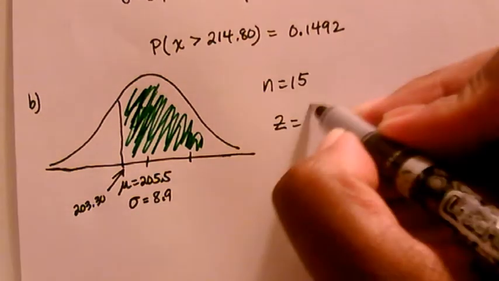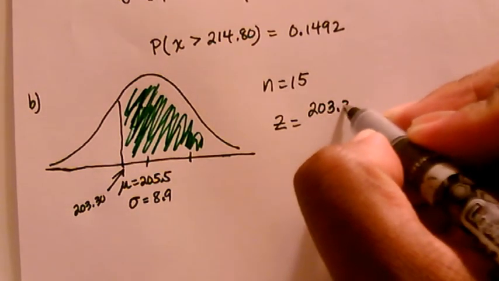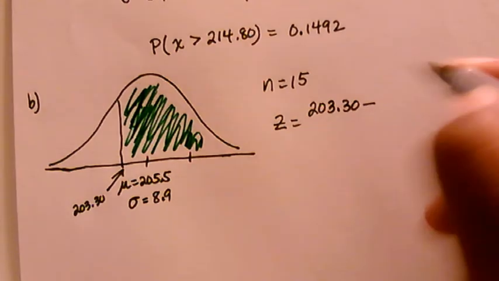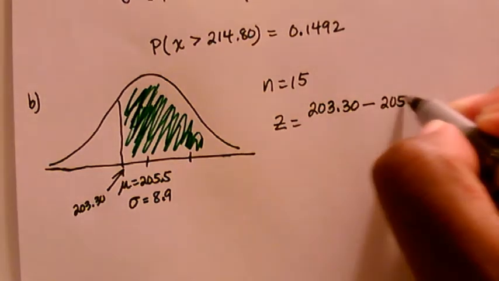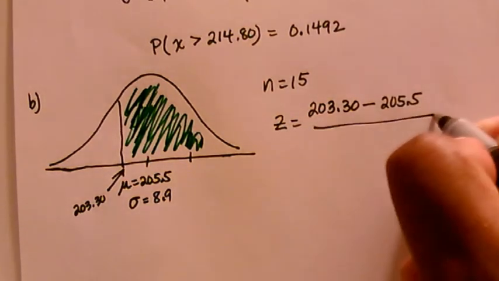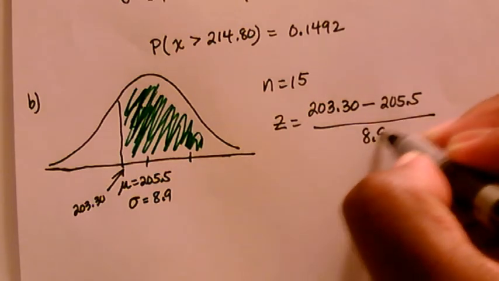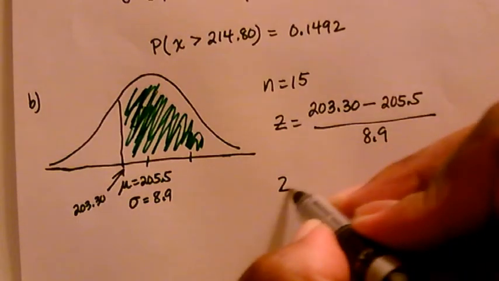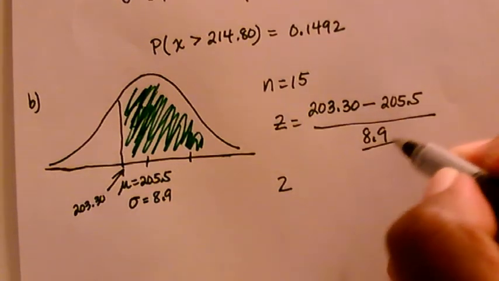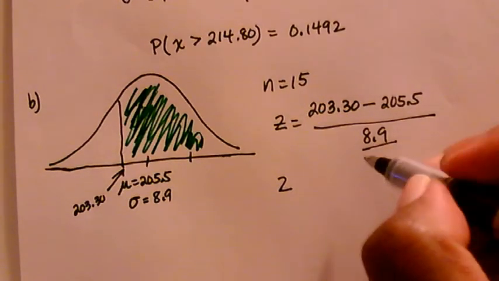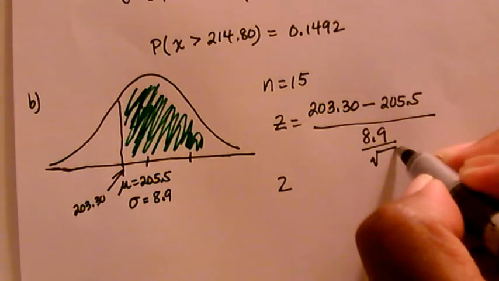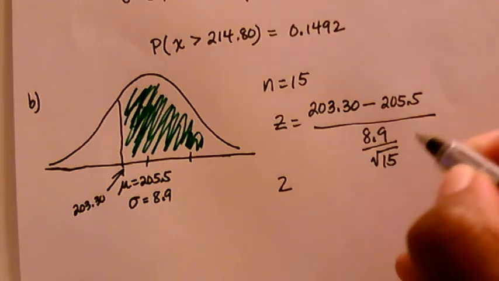This time, x bar is at 203.30 minus your mu, which is 205.5, divided by sigma, which is 8.9, and that's over the square root of n, which is 15.